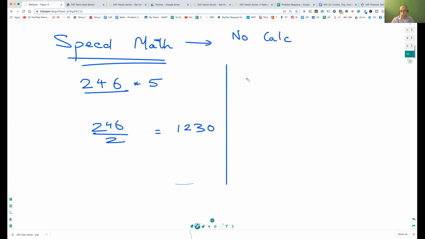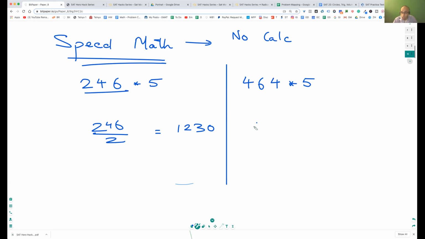Now let's see if you can solve a very similar problem. Let's say 464 times 5. What do you think is the answer, guys?